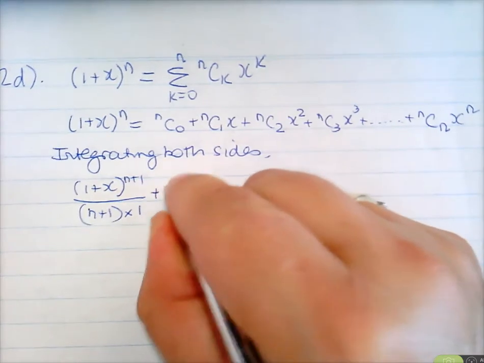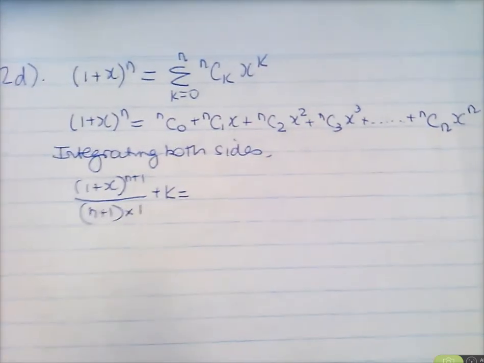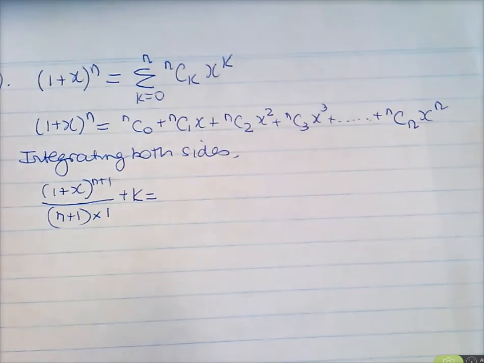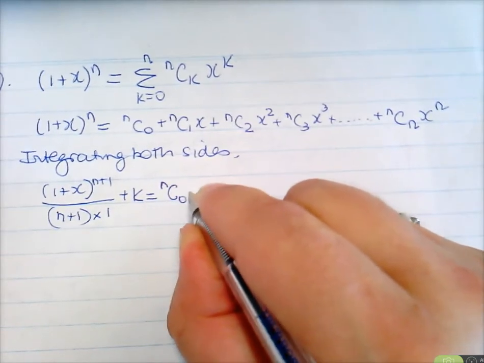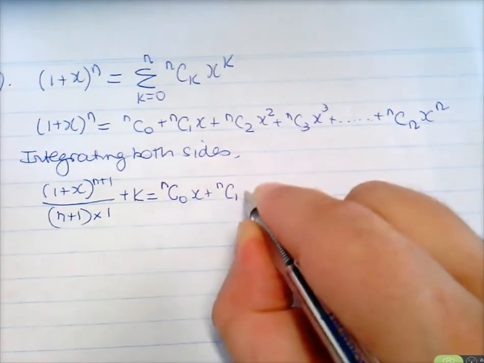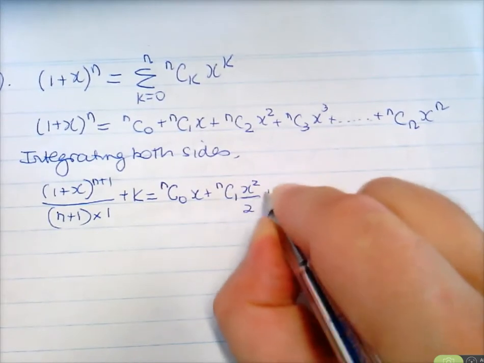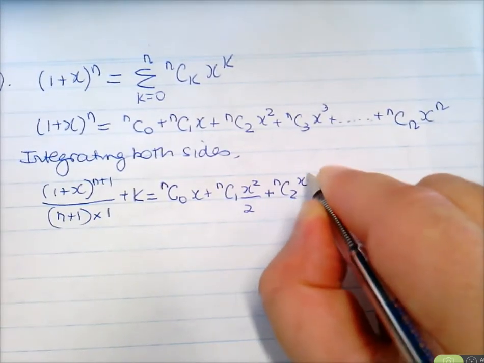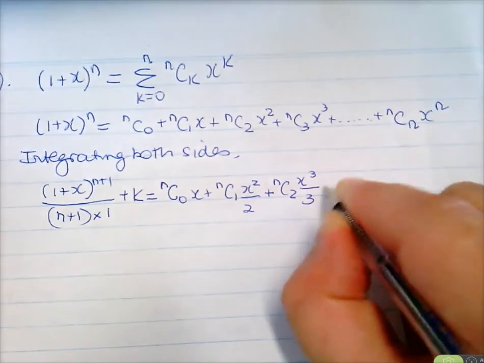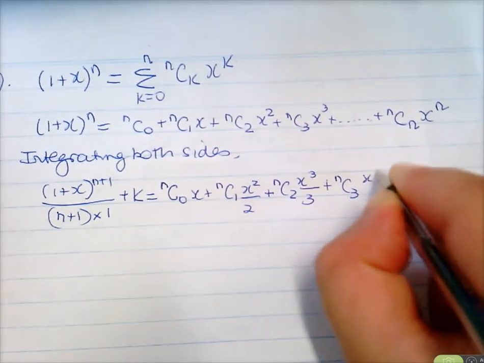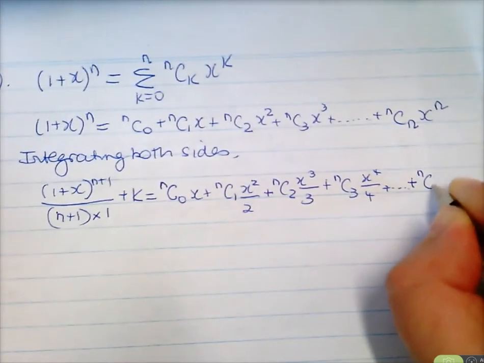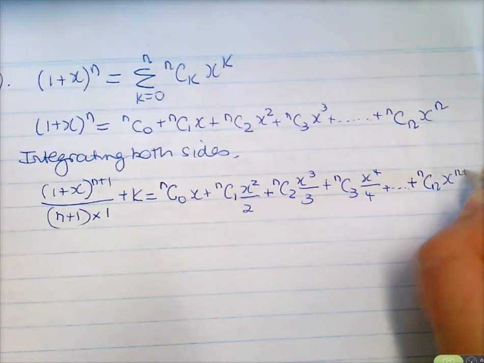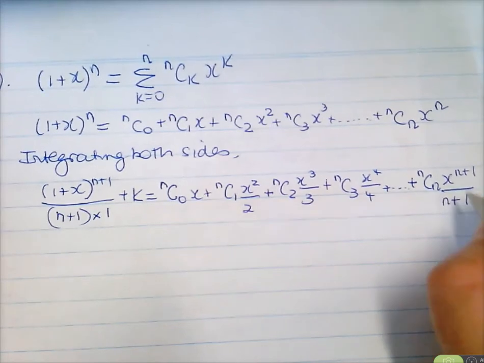Don't forget the plus k equals. Integrate the right-hand side, what do you get? nC0 x plus nC1 x squared on 2 plus nC2 x cubed on 3 plus nC3 x to the 4 on 4 plus all the way up to nCn x to the n plus 1 over n plus 1.